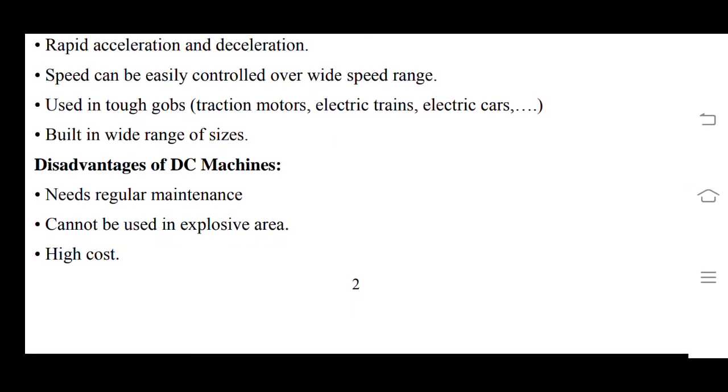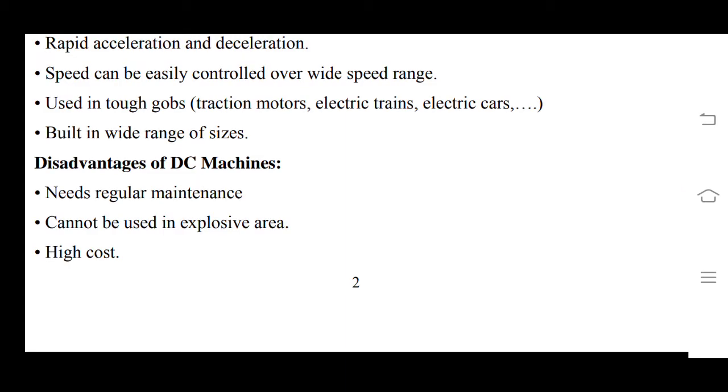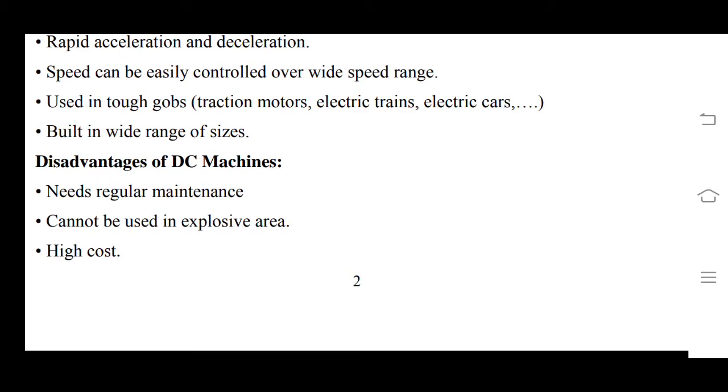And in any machine we have two windings, armature winding and field winding. The armature winding is a high power circuit and the field winding is a low power circuit. In all AC machines, the armature winding is on the stator. But in a DC machine, the armature winding is on the rotor. High power armature winding on the rotor.